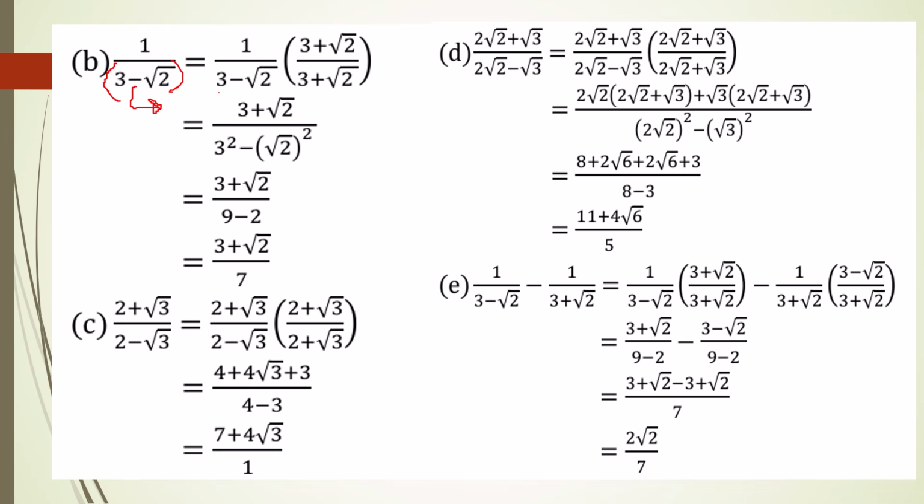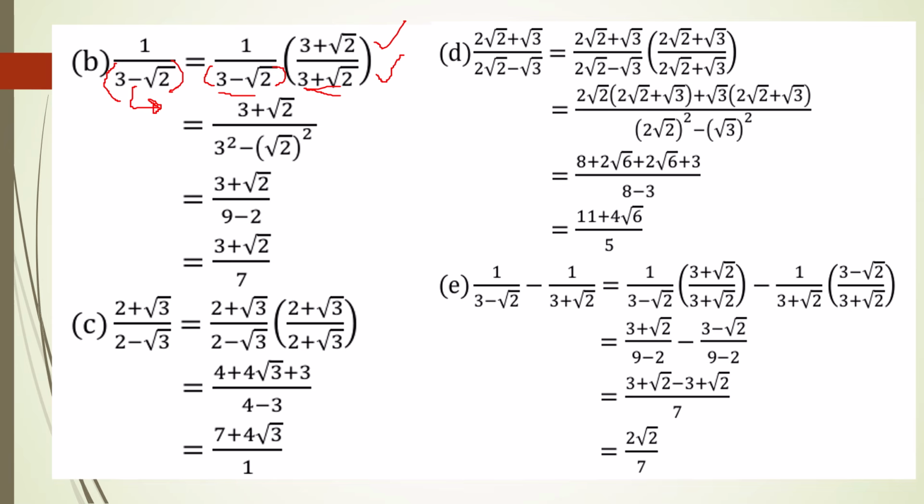So if you're having 3 minus root of 2, you end up with 3 plus root of 2. That's how you find the conjugate. And the conjugate you get, you multiply it both in the denominator together with the numerator. It must be the same conjugate. So that's how we rationalize. So if you're having 3 minus root of 2, the conjugate is going to be 3 plus root of 2. And also, you multiply it by the denominator, you also multiply it by the numerator.